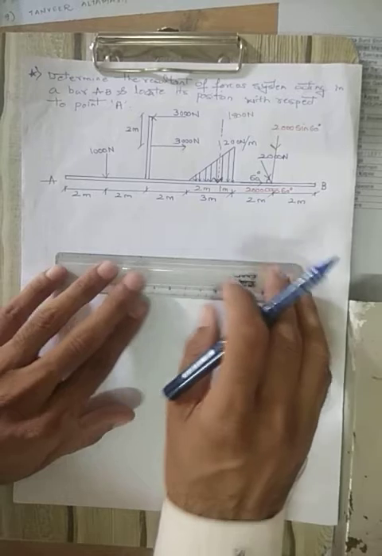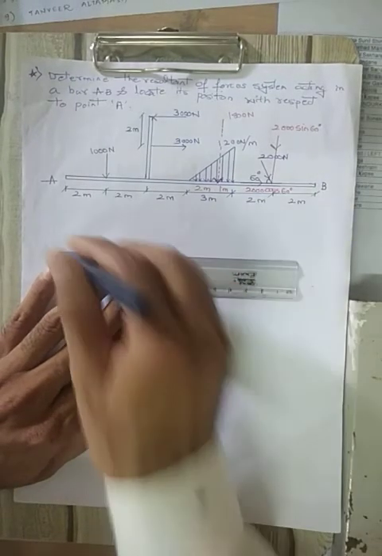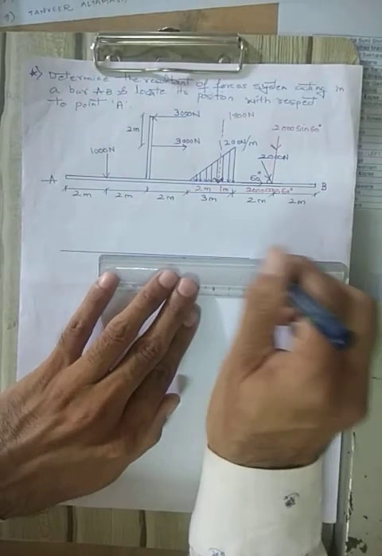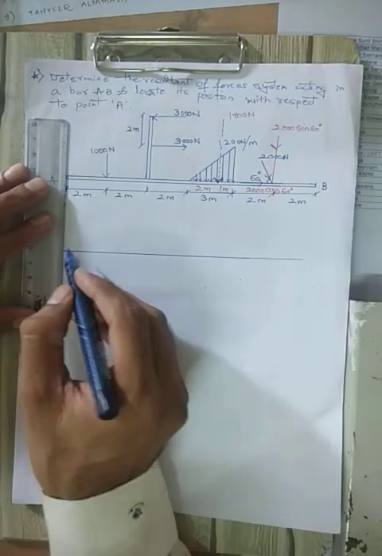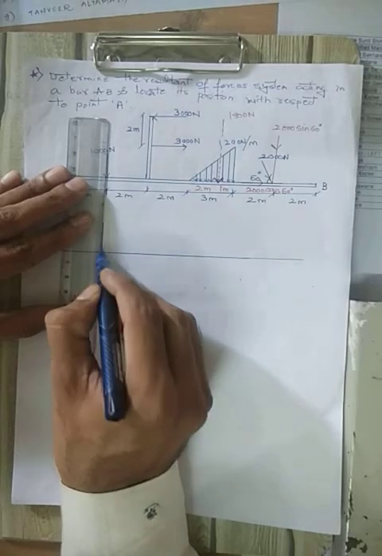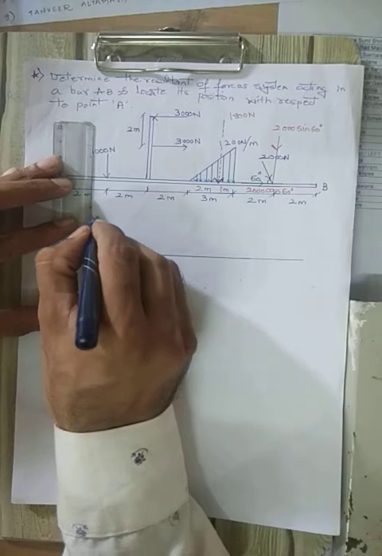Here we can draw a separate figure for this, or we can solve in the same figure. We will draw a separate figure, in which the concept will be more clear. The same bar AB is there, having the same length. I am just transferring this force and drawing it in a simplified way.